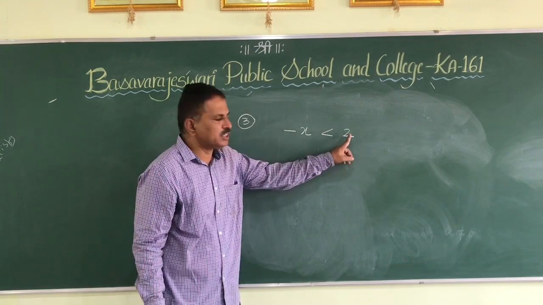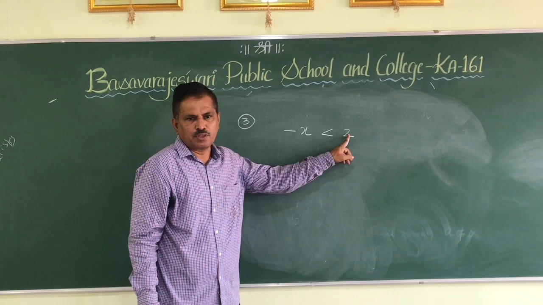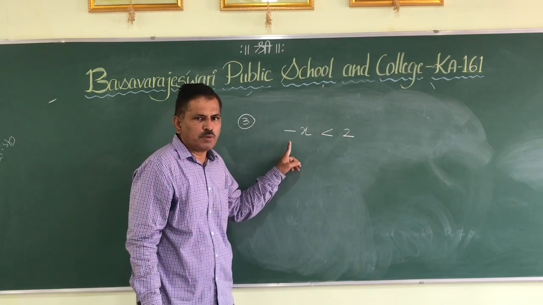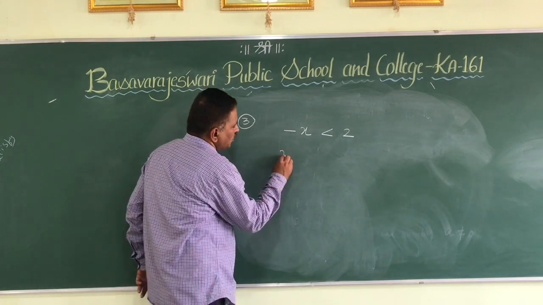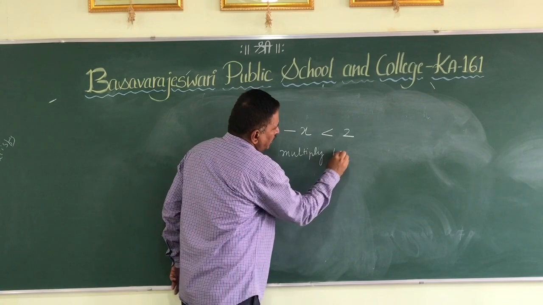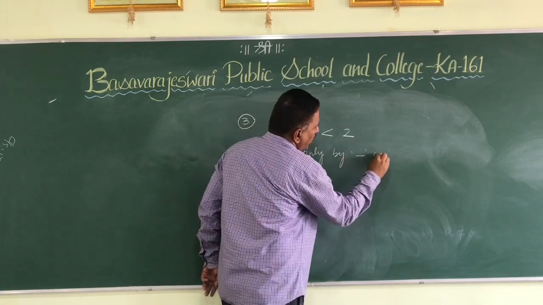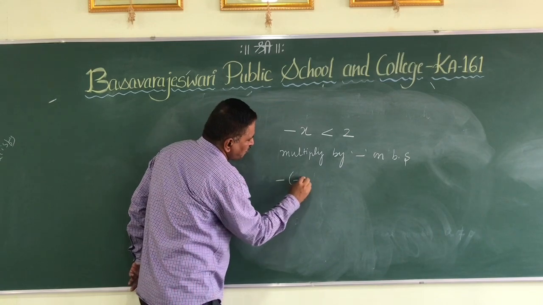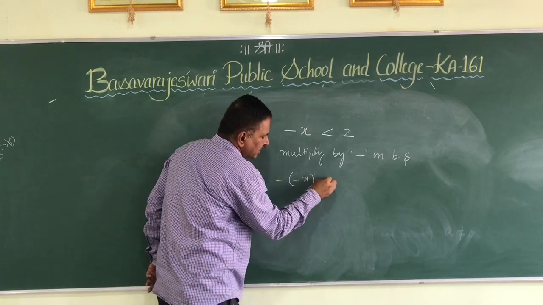The values of x may be multiplied with a negative sign. So to make it positive, we will multiply by minus on both sides. So what happens? Minus of minus x is nothing but x.